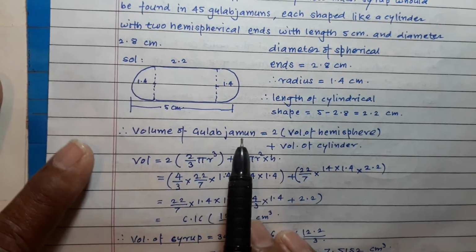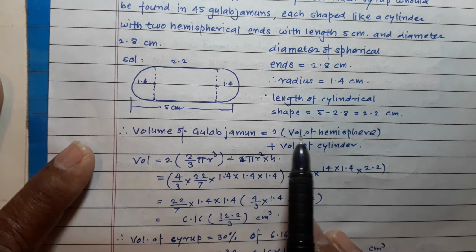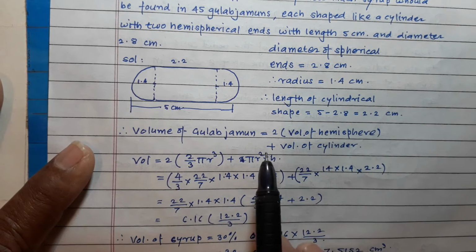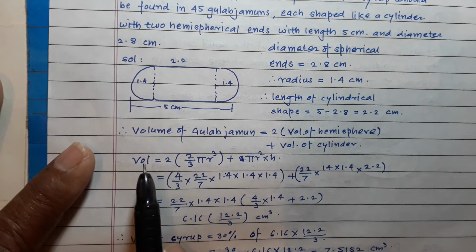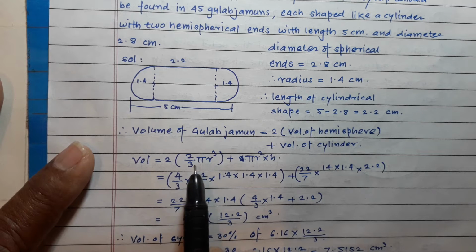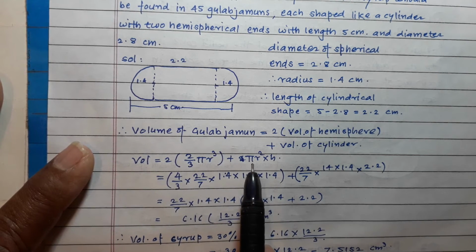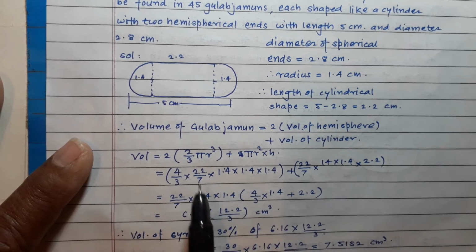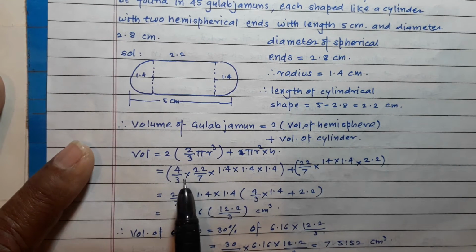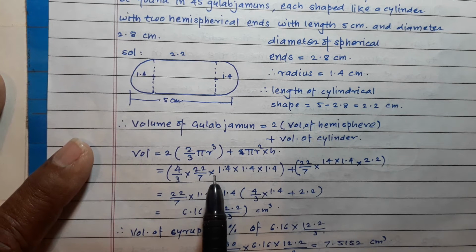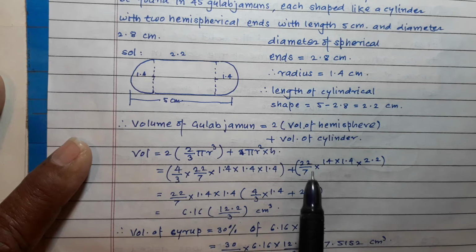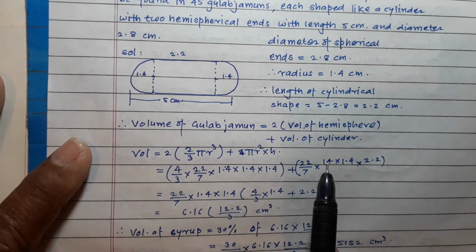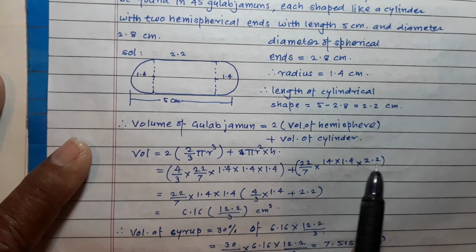So the volume of the gulab jamun is equal to 2 into bracket volume of hemisphere plus volume of cylinder, which is 2 into bracket 2 upon 3 pi r cube plus pi r square into h. Simplify this: 4 upon 3 into 22 upon 7 into 1.4 into 1.4 into 1.4 plus 22 upon 7 into 1.4 into 1.4 into 2.2.